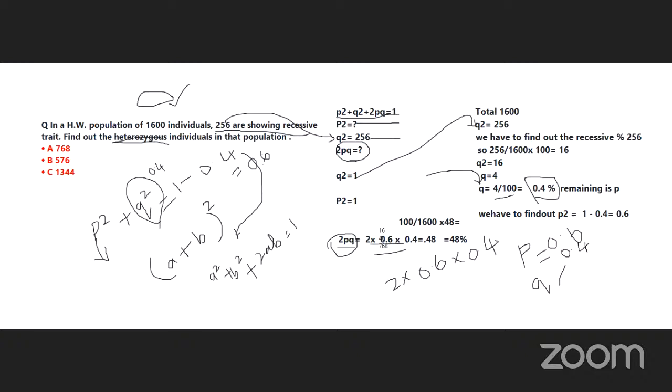So you will get 48. 2 into 6, 12. 12 into 4, 48.